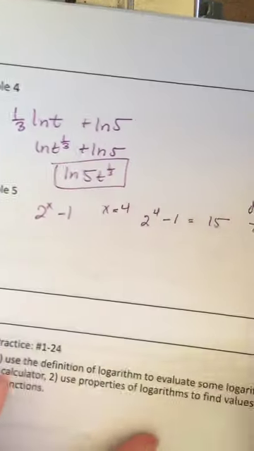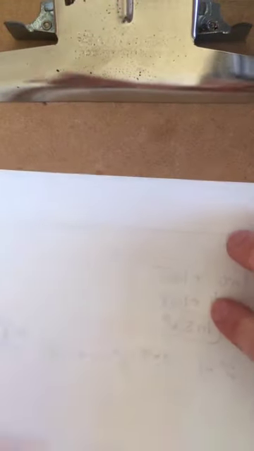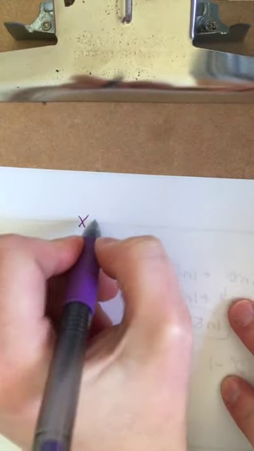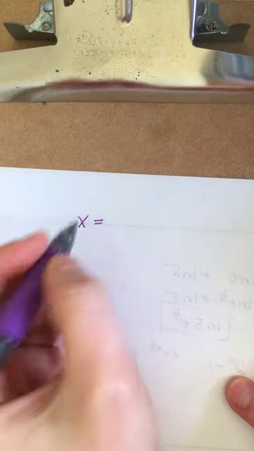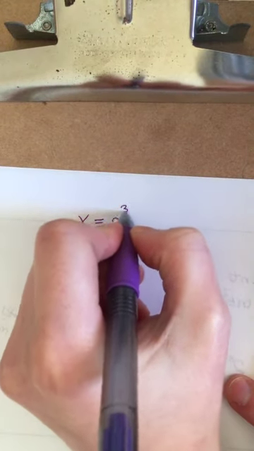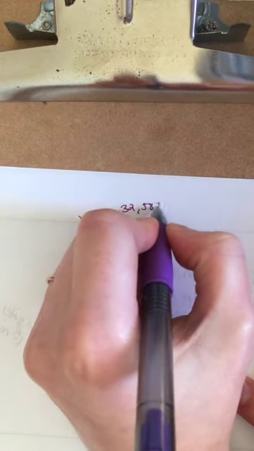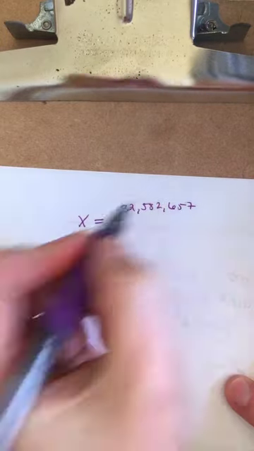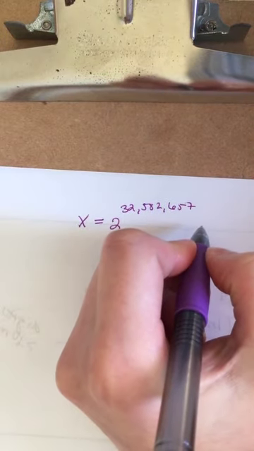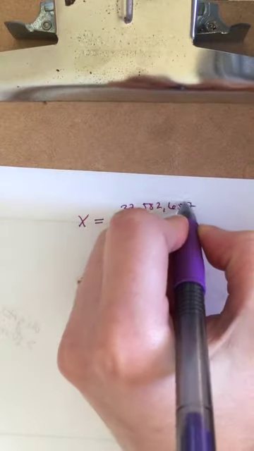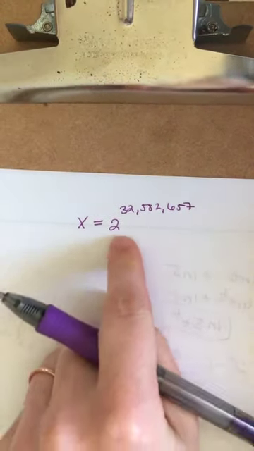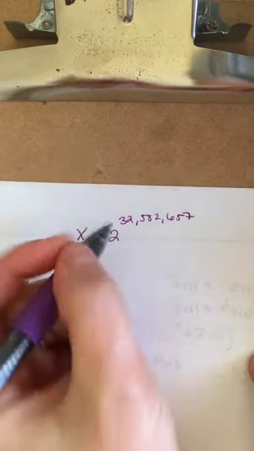Another way of looking at this problem, I'm going to go back so I have more space, is to let x equal the number 2 to the 32,582,657. So we're letting this be the number.